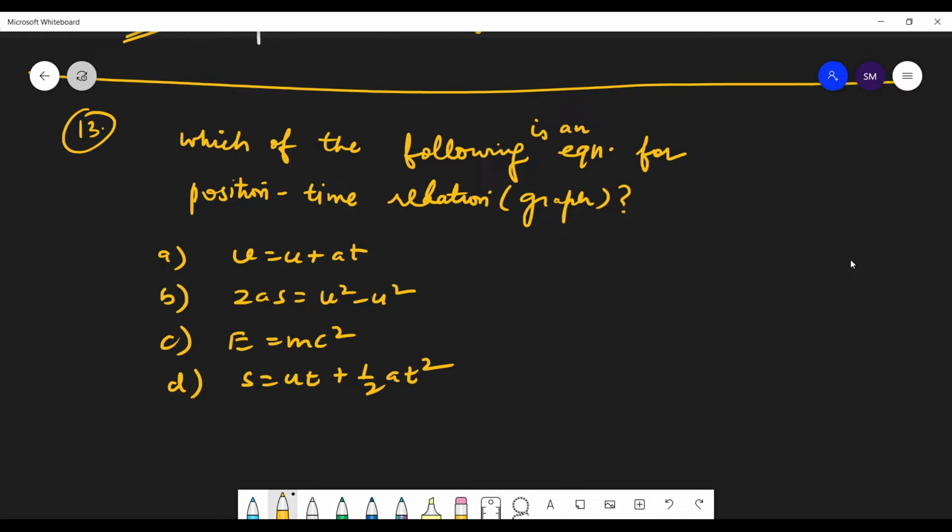Yes. Position means either you should have position x or the change in x. See, I started from origin, and this is 10 meters, 20 meters, 30 meters. So this is my position. This x-axis tells me the position.